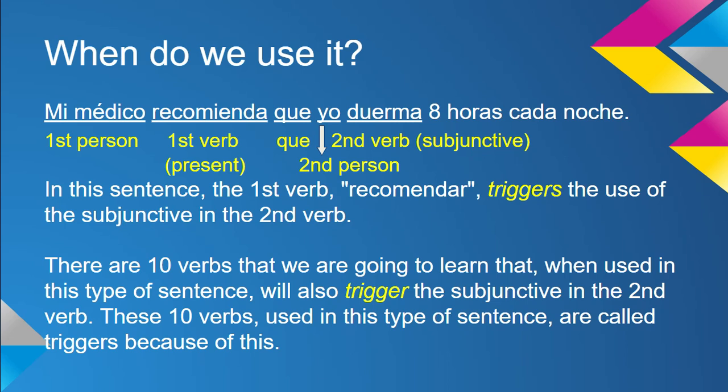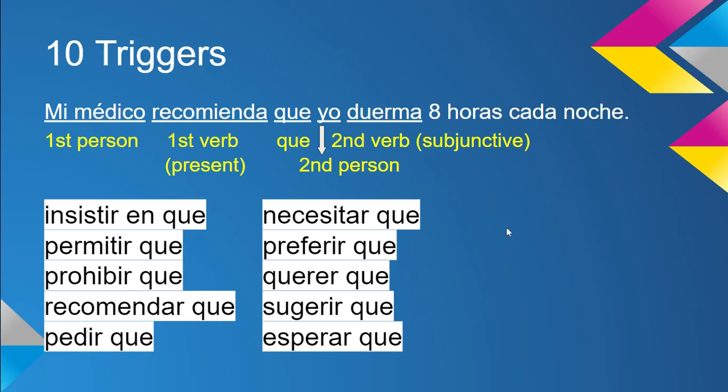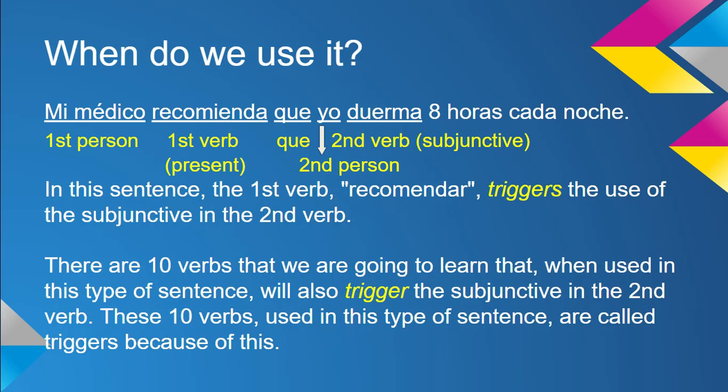Now, the first verb in this sentence, so this same example we've been looking at, triggers the use of the subjunctive in the second part of the sentence. So this recomendar plus que, if you ever see recomendar plus the word que, you're going to use the subjunctive afterwards, always, 100% of the time. And we're going to use that word, triggers. It triggers the use of the subjunctive.